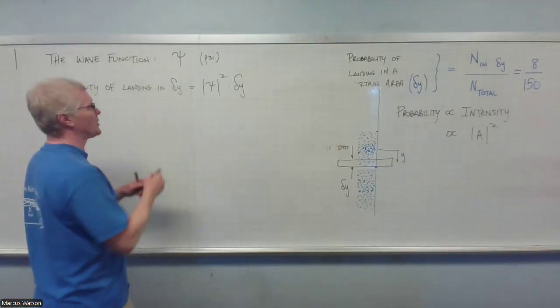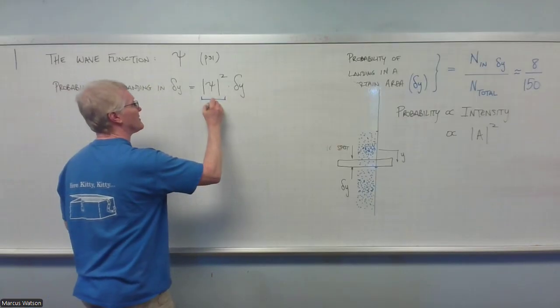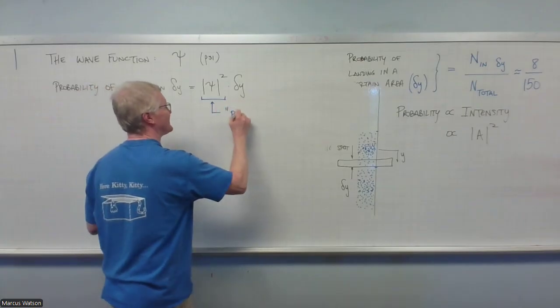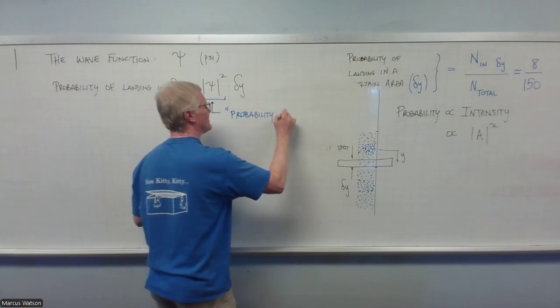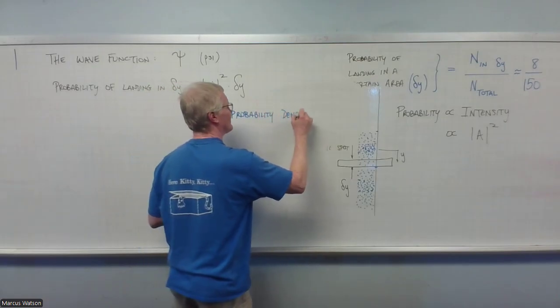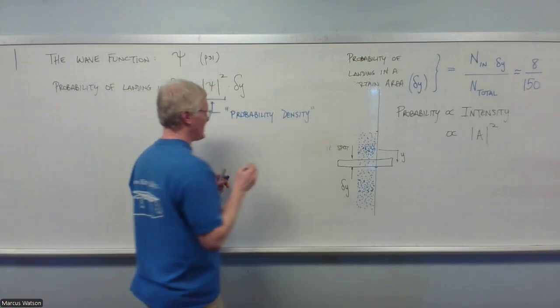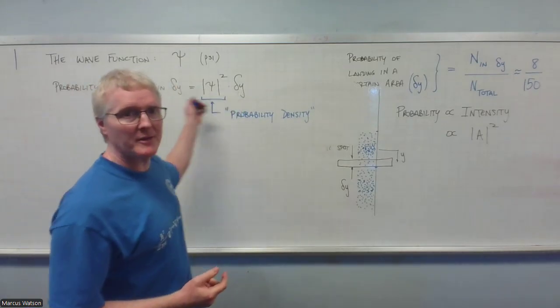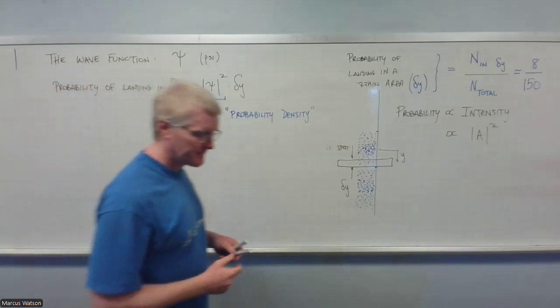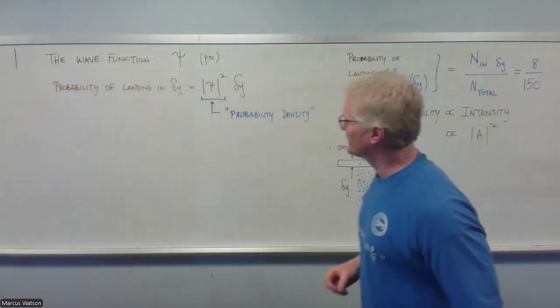Therefore, what we do is we call this thing a probability density, because it's the probability per length. In other words, we have to multiply by a length in order to get a probability. Okay?